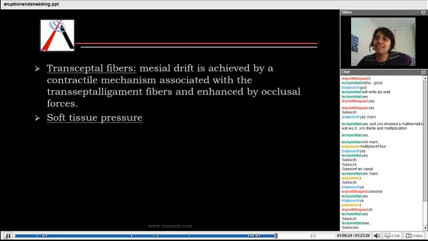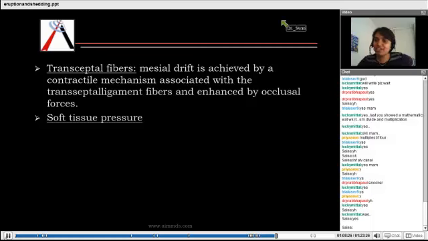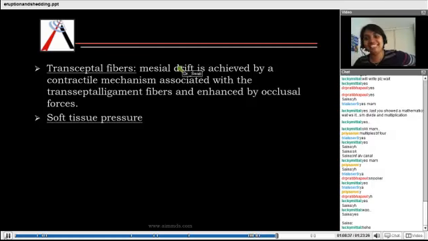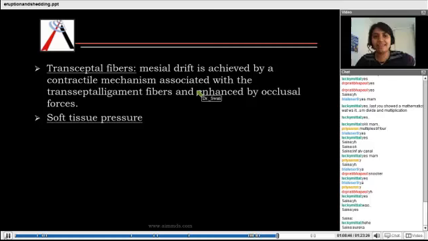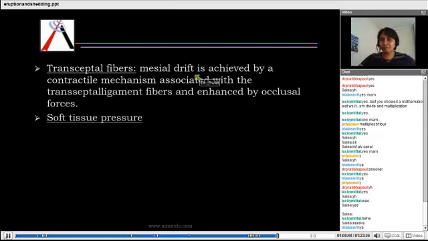That is one explanation given for the mesial movement of the tooth. The author must have been thinking of this while playing billiards, and would have applied it to the teeth as well. Anyways, it's a nice one to talk about. Then we have one more theory that says transseptal fibers are associated with mesial movement, that it is the transseptal fibers which are pulling the tooth towards that direction.